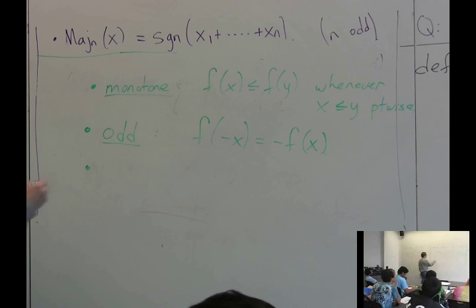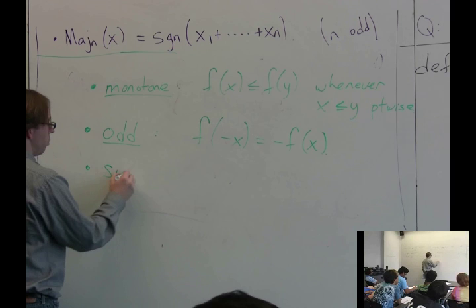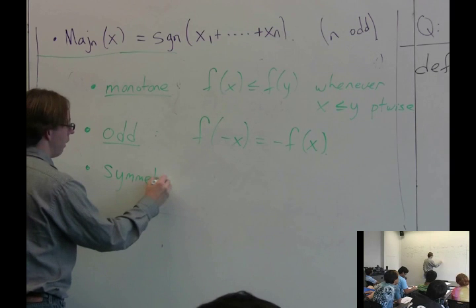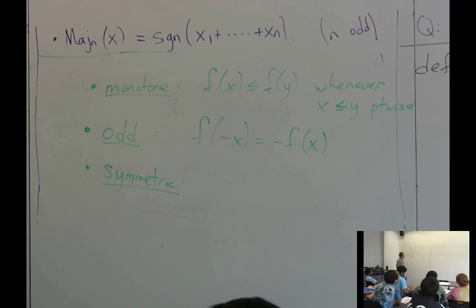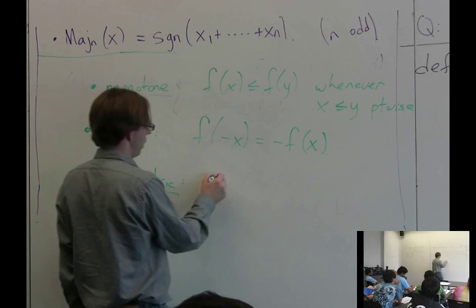Another natural one is that a Boolean function can be symmetric. In the voting literature, this is also called anonymous. And that essentially means that the rule doesn't depend on the identities of the voters. So it's totally symmetric with respect to the coordinates.